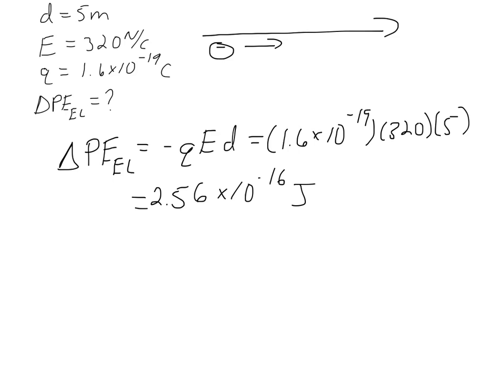And that's positive, so the electron gained that potential energy. If you think about it, to create this electric field, we'd have to have a positive charge over here. So if we bring the electron away from that positive charge, which generates an electric field pointing away from it, it's gaining potential energy because it's going to want to go back toward it. So now we're going to move on.